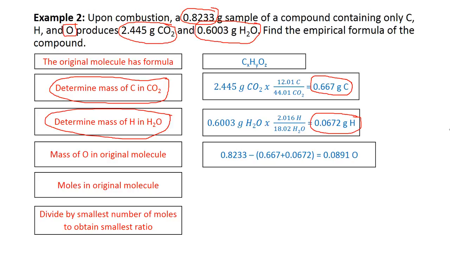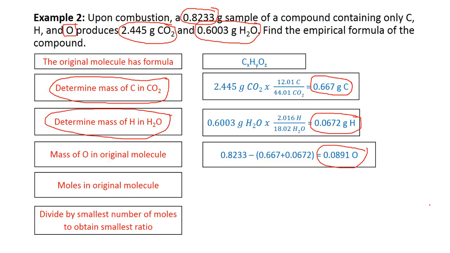So this is the total mass minus the combined mass of carbon and hydrogen. Based on this, we have 0.0891 grams of oxygen.